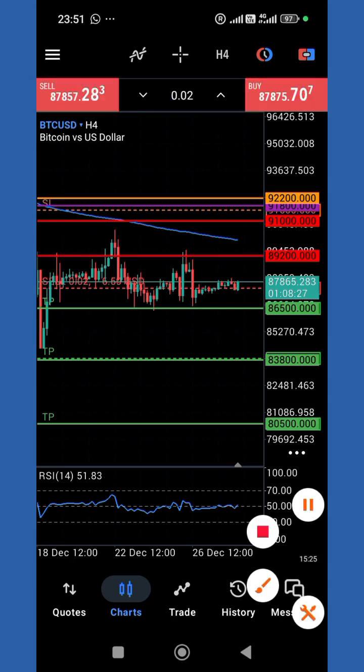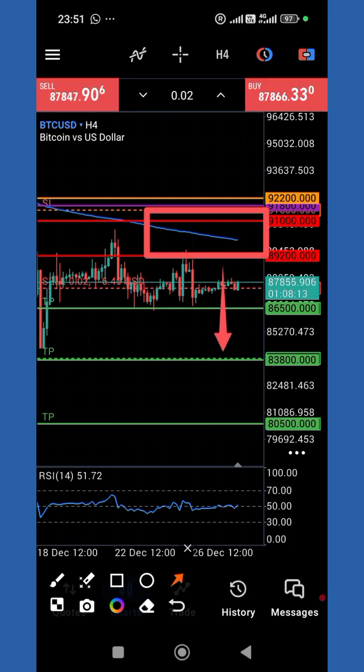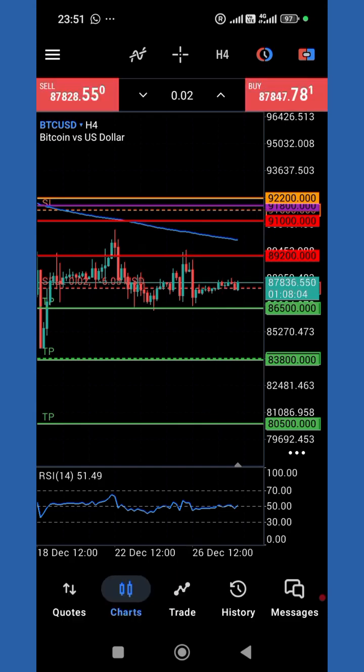Looking at it, this is my SL to where I should enter normally. So from there down to TP3, my RRR is 1:3.5.